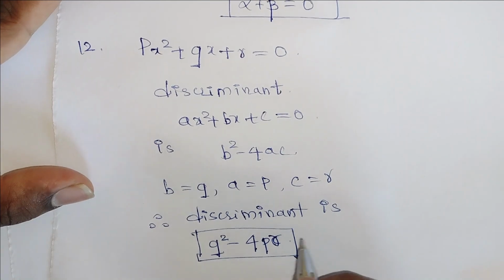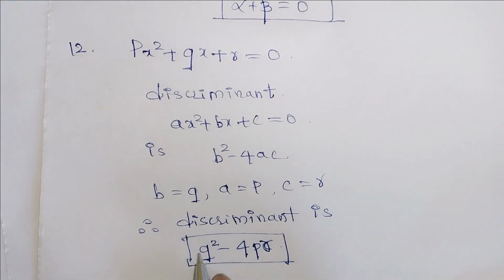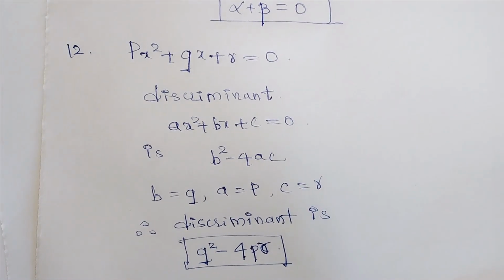Okay, sorry, it's 4pr. Once again, q square minus 4pr is the answer.